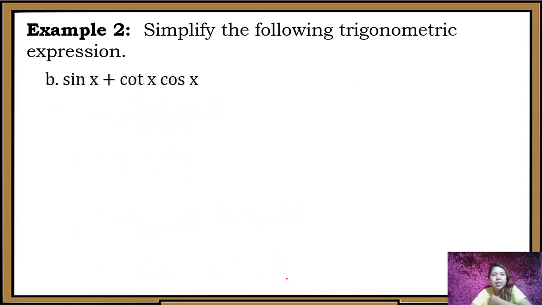Okay. Next, letter B. We have sine x plus cotangent x, then cos x. So we transform our cotangent x. You know that cotangent x is equal to cos theta over sine theta, right?